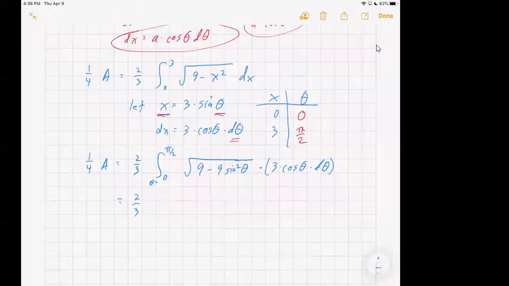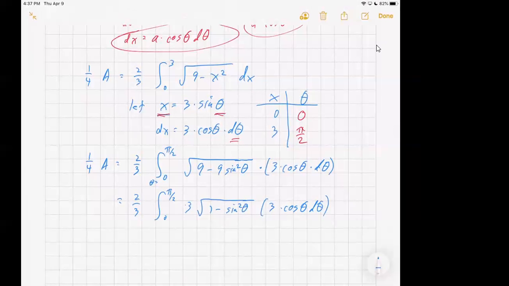All right, now this will simplify greatly. This is 2/3 the integral from 0 to pi over 2. Let's do this in steps. When you factor out the 9 from the square root, we could have a 3 times the square root of 1 minus sine squared of theta. That's what will be left inside. We'll still have a 3 times cosine of theta d theta.